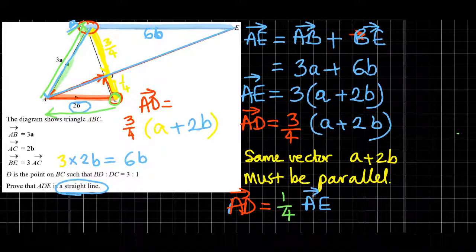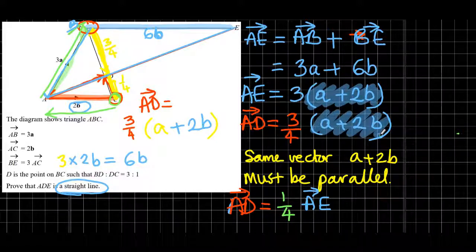So that's the first part, the fact that they're parallel to each other because they both have a plus 2b.